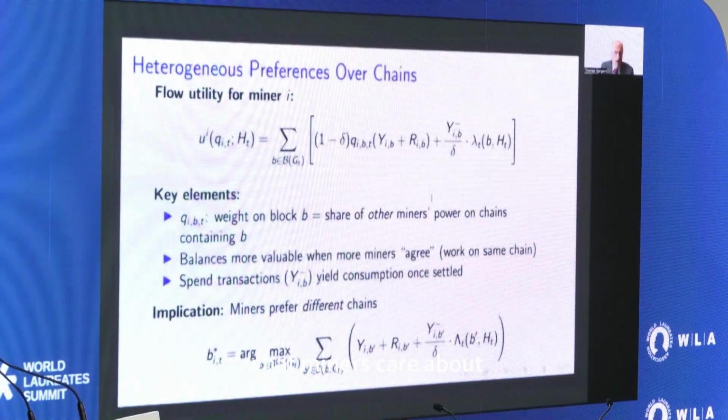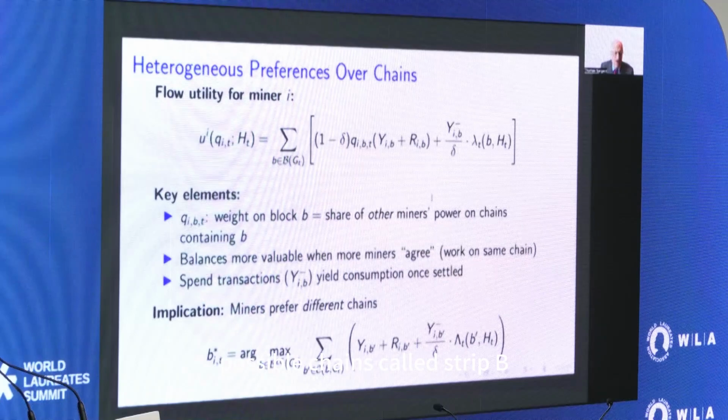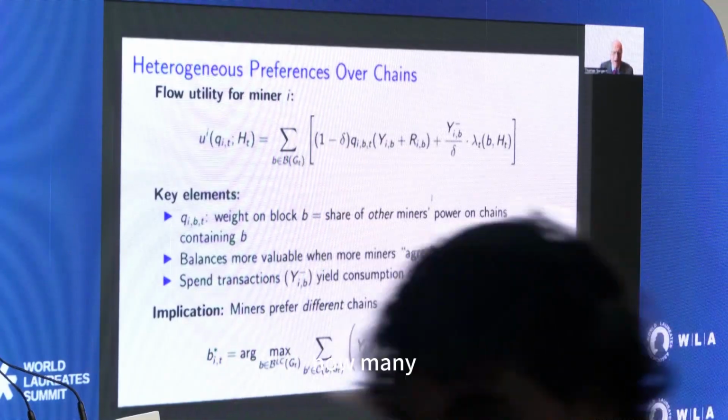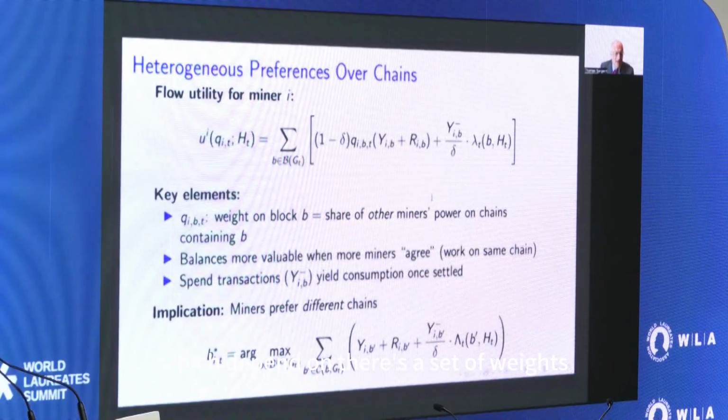What do miners care about? They have preferences over chains. There's a set of possible chains, called script B of G. Anytime I tell you what your utility is, I have to tell you what it's composed of. It's a sum of these objects, which depend on a set of weights that person i puts on block B at time t, and the share of other miners' power in chains containing B. Balances are more valuable when more miners agree, when they work on the same chain.